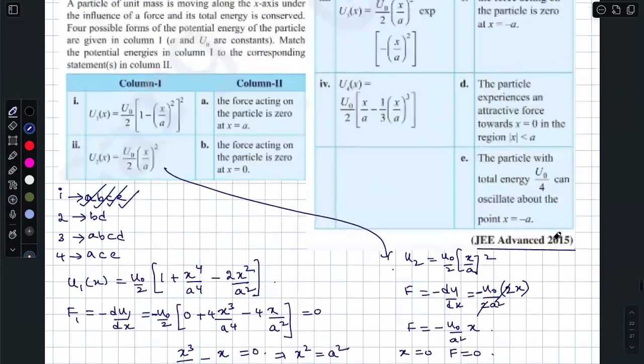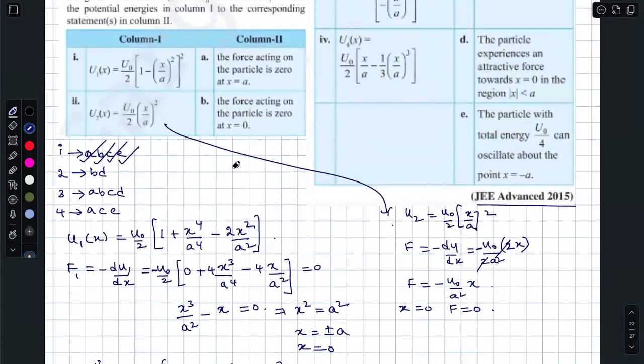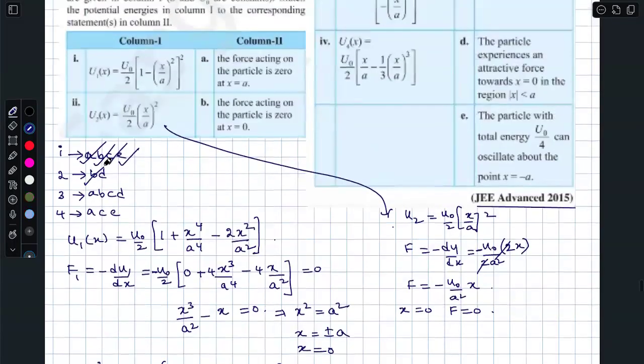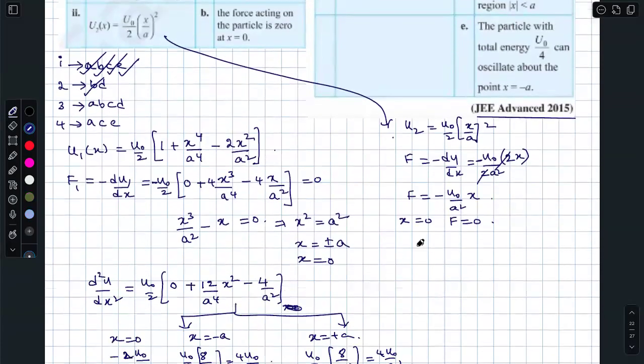So what are the options? The force acting on the particle is 0 at x is equal to 0, correct. The particle experiences an attractive force towards x is equal to 0 in the region x less than a. What happens here is, if this is x is equal to 0, it will experience a force like this.